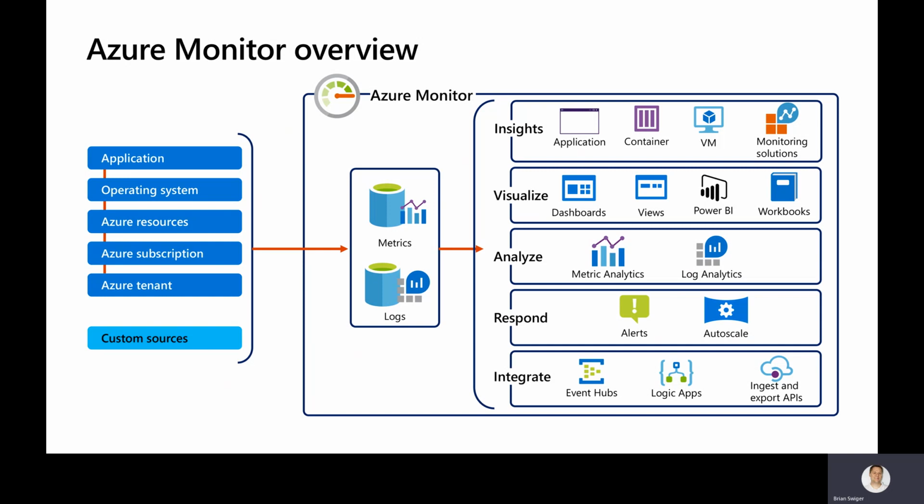On the left side is the sources of monitoring data that can populate these different data stores. And then on the right are the different functions that Azure Monitor performs with the collected data, such as analysis, alerting, streaming to external systems. So the key here is to understand Azure Monitor is using metrics and logs to complete these various actions.